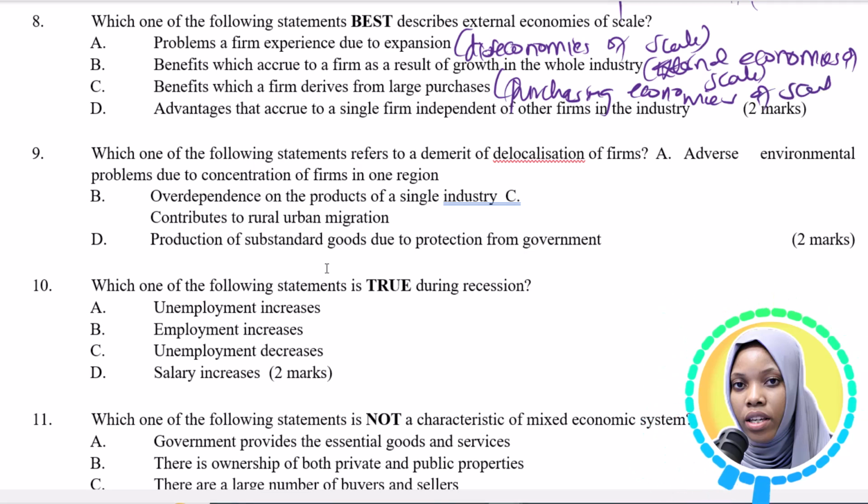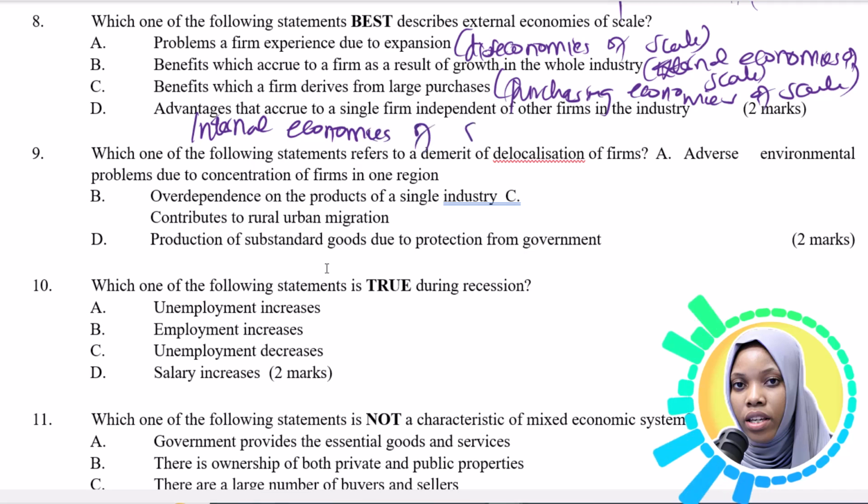Choice D is advantages that accrue to a single firm independent of other firms in the industry. This best describes internal economies of scale.